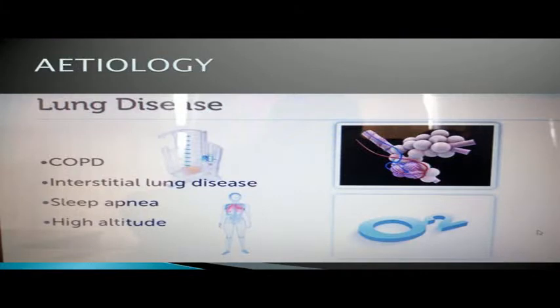There are also some cases that have been discovered that they develop over time, they develop pulmonary hypertension. And also those people who go to high altitude, we know that the higher we go, the lesser the oxygen concentration.